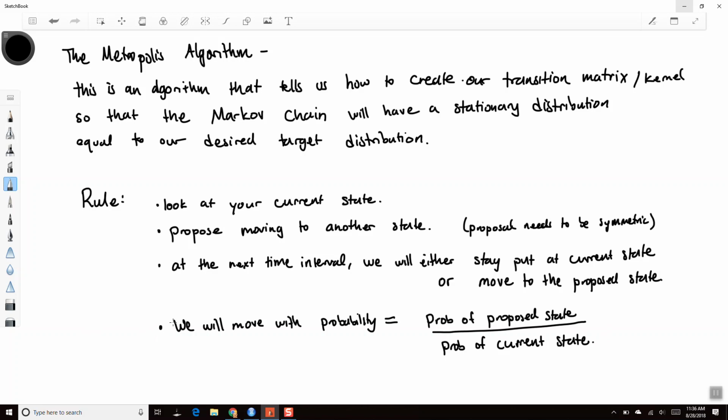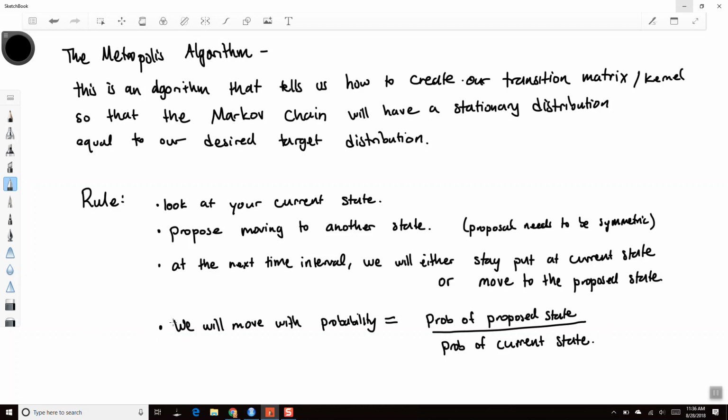So we're at our current state. We say, maybe I want to go to another state. And on our next turn, we're either going to go there or we're not, okay? And we will go there with this probability: the probability of the proposed state divided by the probability of the current state. Okay? And if this probability is greater than 1, then you go there with probability 1. You can't go with probability greater than 1.